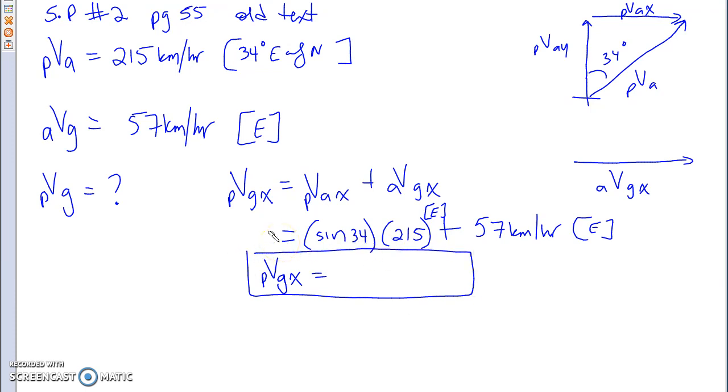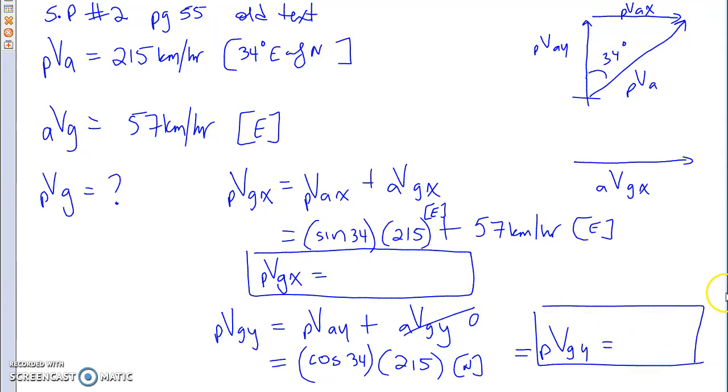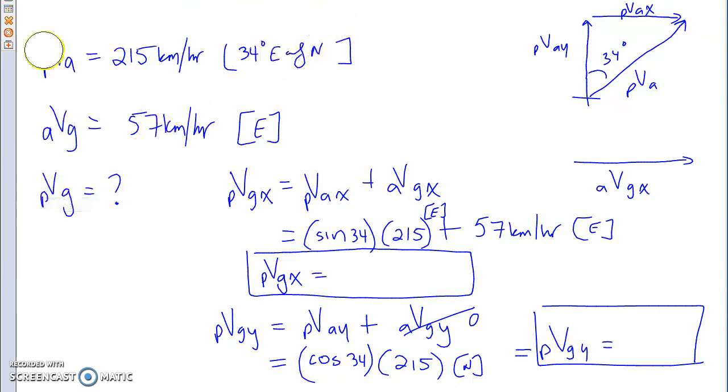Now we're going to do the exact same thing for VPGY, which is made up of VPAY plus VAGY. Now there is no Y component to my VAG, so this is 0. So you end up with cos of 34 times 215, which is going north, and you get a VPGY component. Now the remainder of the question is to be solved the same way we solve all our vector component questions.